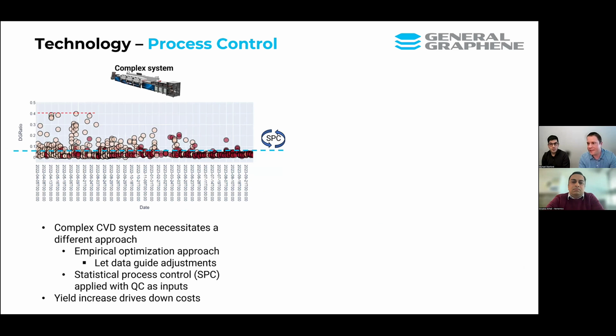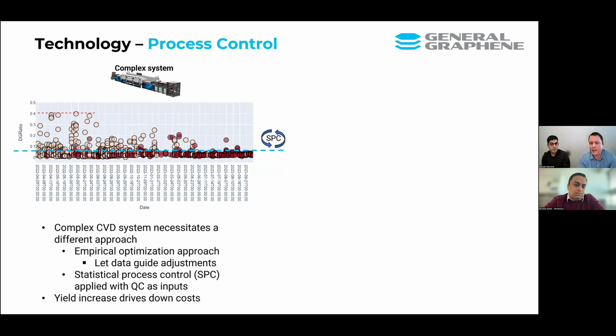Quickly, I want to give a flavor of how we do process control on our CVD system. Up at the top there, you see a rendering of our system. It's a very complex CVD system in the sense that we have hundreds of gas injection sites and tens of different thermal zones. With this complexity, we need to adopt a more empirical approach for our optimization.